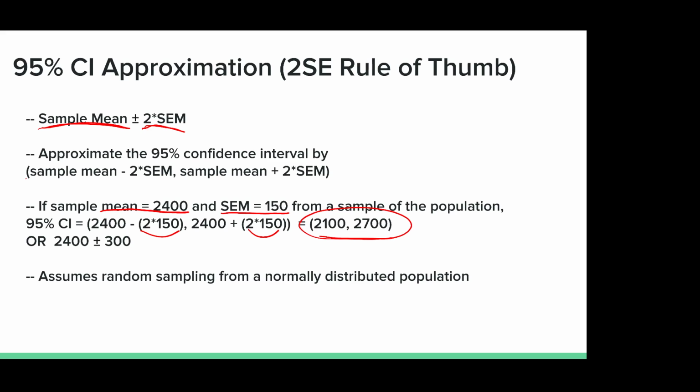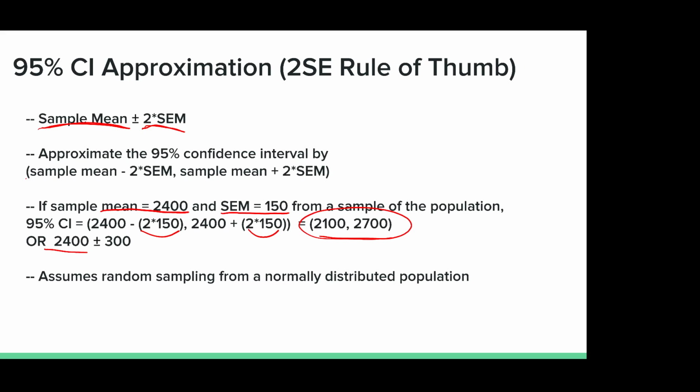So what this tells us is that 95% of the time, if you take a sample of the same size from a normally distributed population, the true population mean will fall between 2,100 and 2,700.